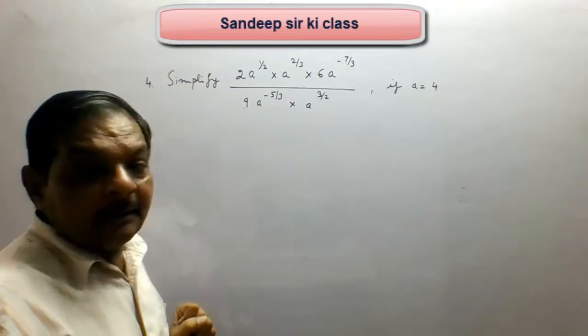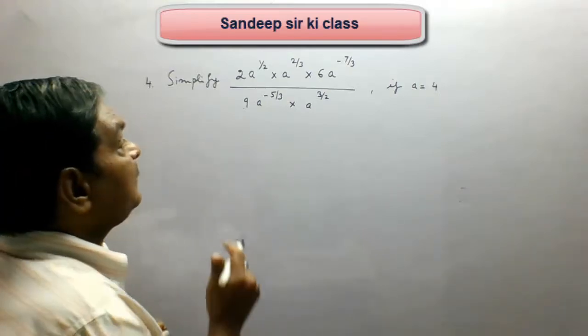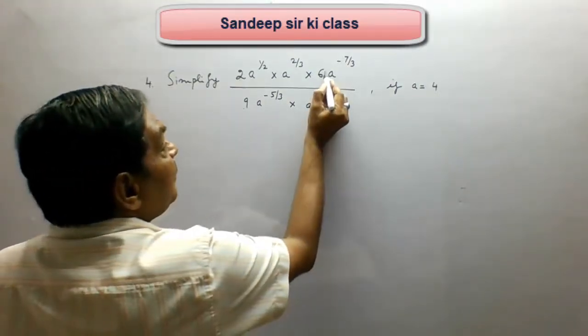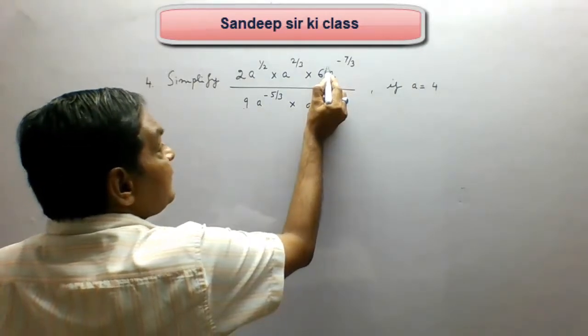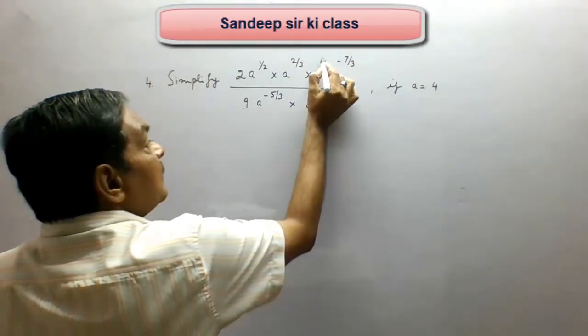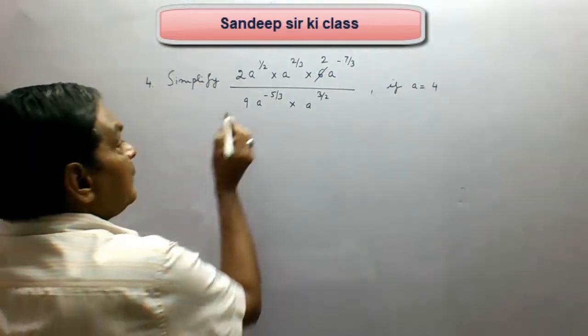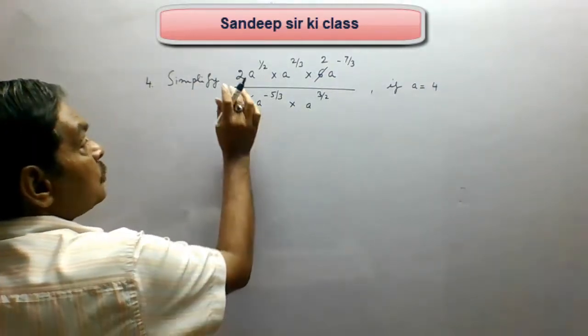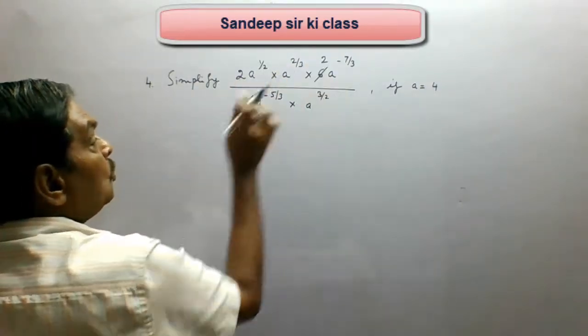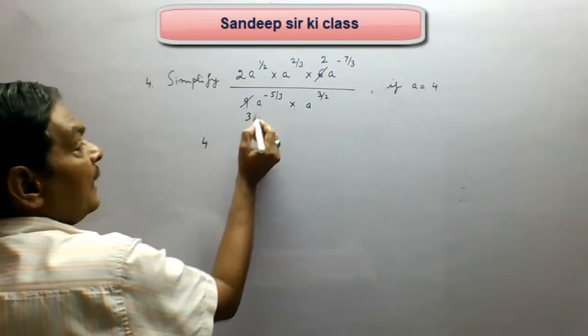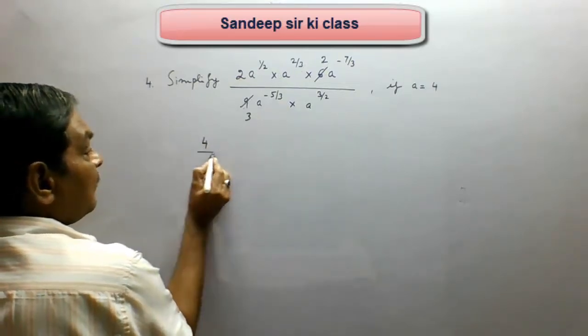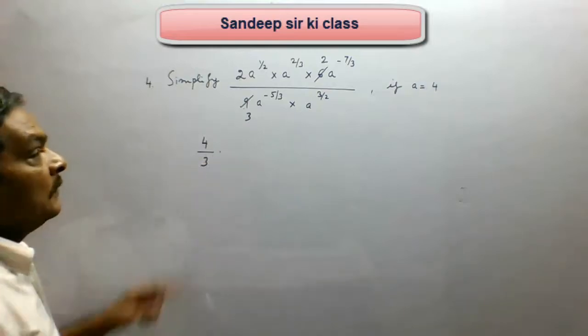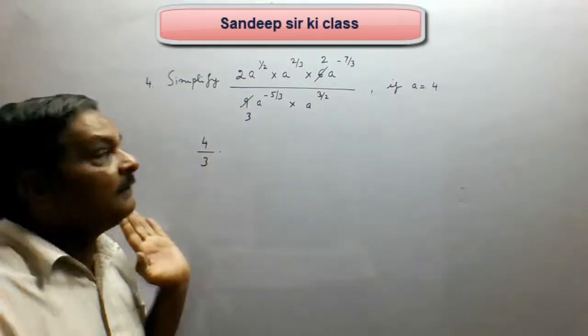Now when we see the numbers, we can simplify them by cancelling 6 by 3: 2 times here and 3 times here. So 2 into 2 will give us 4, and in the denominator we obtain 3. So the numbers we have simplified.